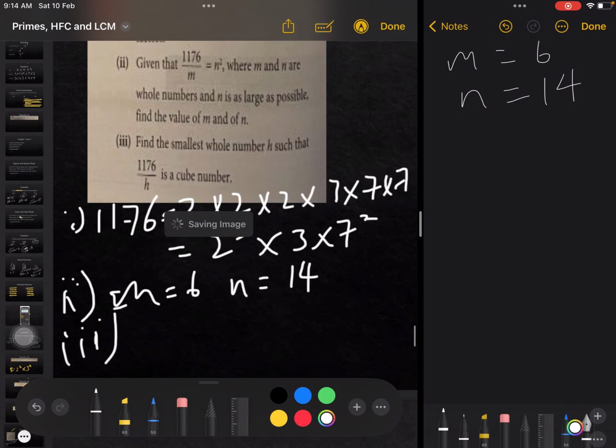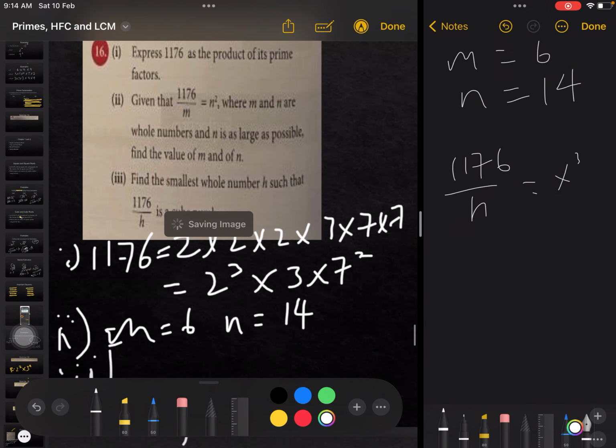Part iii: find the smallest number h such that this is a cube. So 1176 times h equals, let's say, x cubed. Again we look at what we have here: 2 cubed times 3 times 7 squared. The largest cube we can have is 2 cubed.